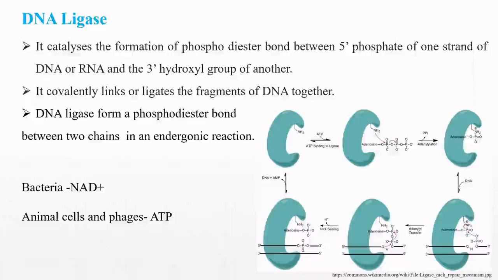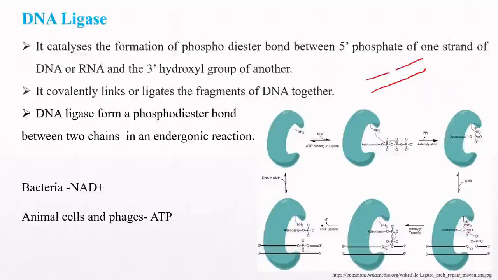Then comes the DNA ligase enzyme. DNA ligase enzyme catalyzes the formation of a phosphodiester bond between the 5' phosphate of one strand and the 3' hydroxyl group of another strand. So this enzyme ligates two fragments of DNA which may be formed due to any endonuclease activity or any breakage in the DNA.